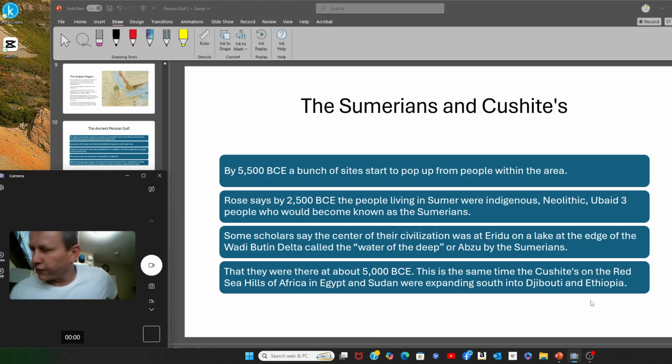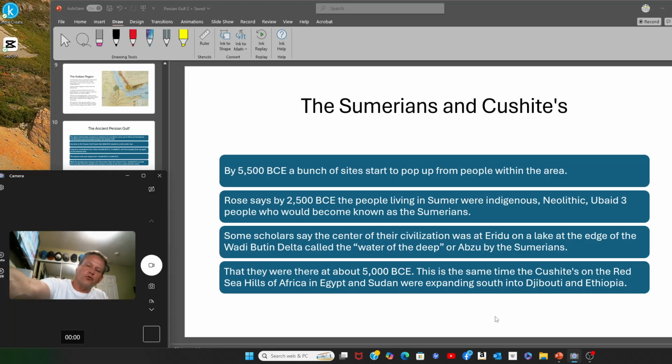And I get that from Eric, Christopher Ehret, professor at UCLA. His expansion of Kushites, if you look at his maps, and you look at his maps in sequence, you can see how first Kushites are expanding out of Ethiopia and they're moving north into Sudan, into the Red Sea hills and into Egypt.